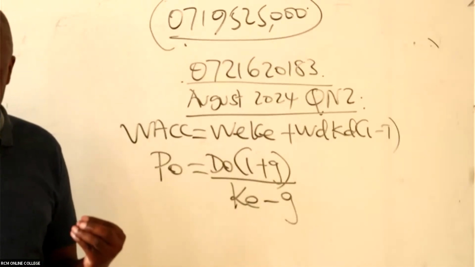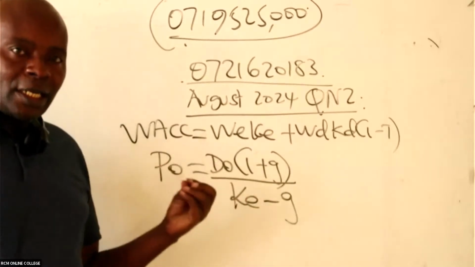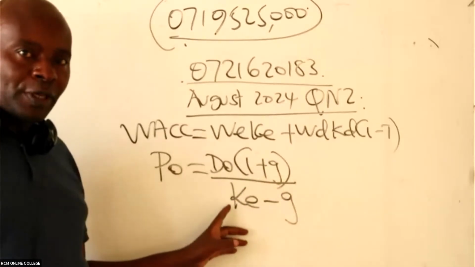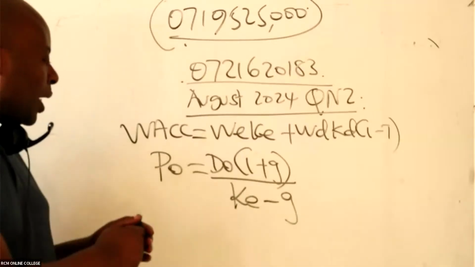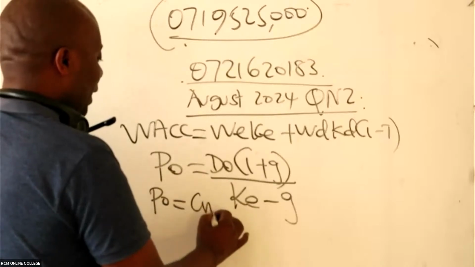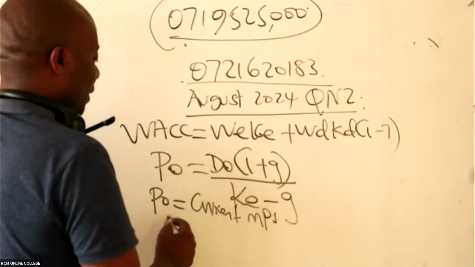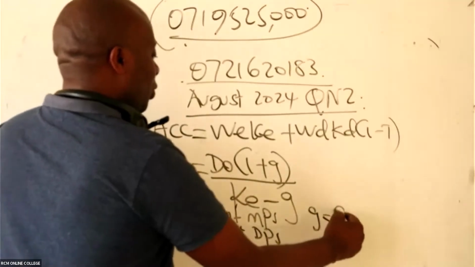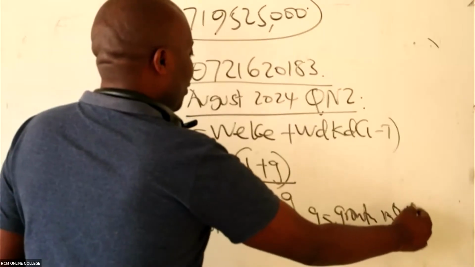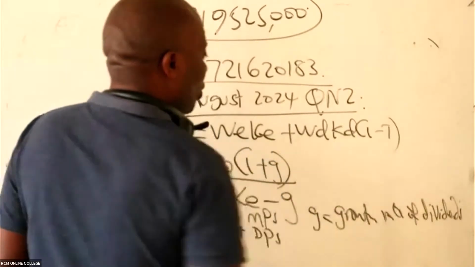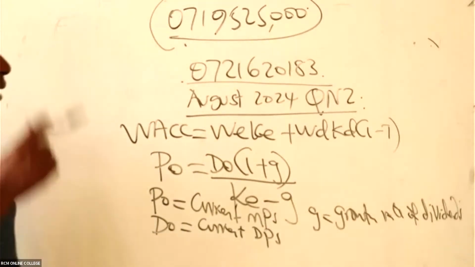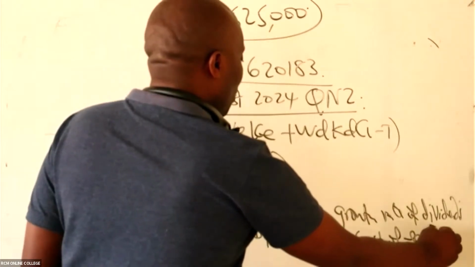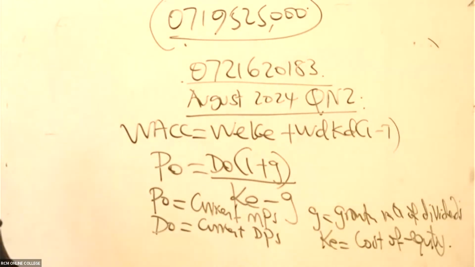D0 stands for the current dividends per share. g stands for the growth rate of dividends. Ke stands for cost of equity.